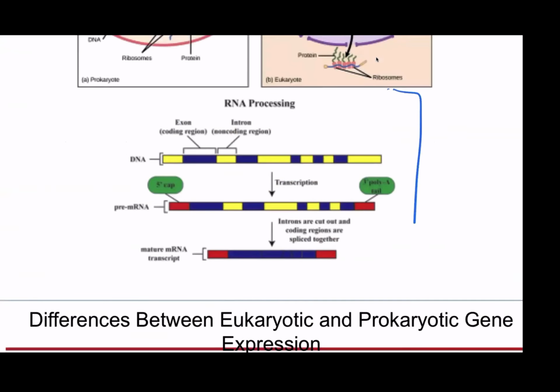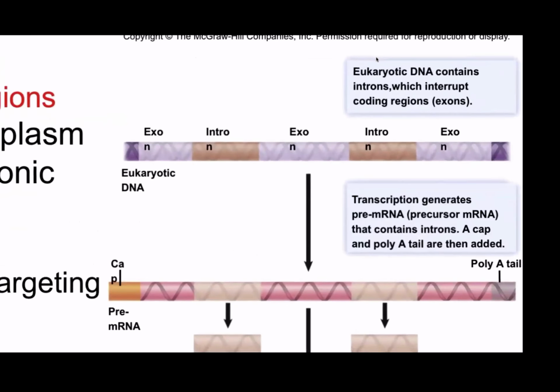What you see here is found only in eukaryotes. Their genes are arranged in exon, intron, exon, intron, exons. What are these? This is the coding part of the DNA. This is non-coding.